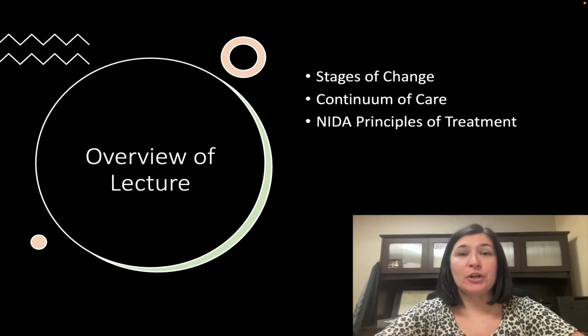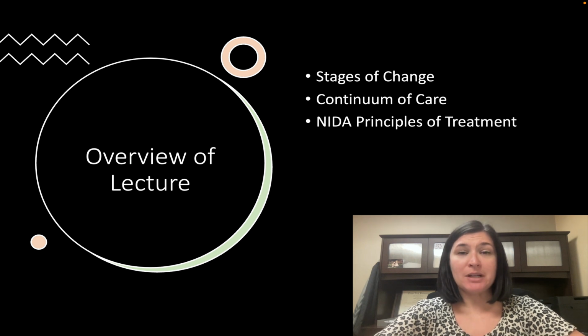First, I want to go over an overview of what we're going to be discussing in this lecture video. First, we will discuss the stages of change, also referred to as the transtheoretical model by Prochaska and DiClemente. Then we will be going over the different levels of continuum of care for treatment of addiction services.